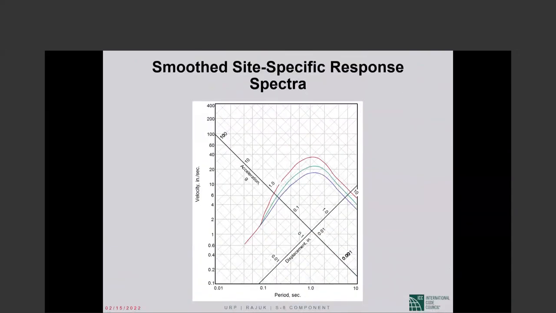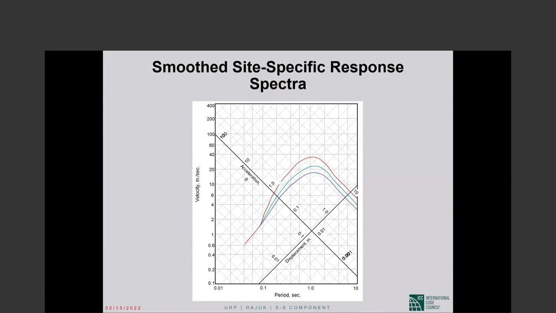So from the response spectra in the previous picture, we go to smooth response spectra. This smoothing can be done on the computer, and there are decisions to be made. Do we want to have median values or median plus one standard deviation, and so on and so forth.